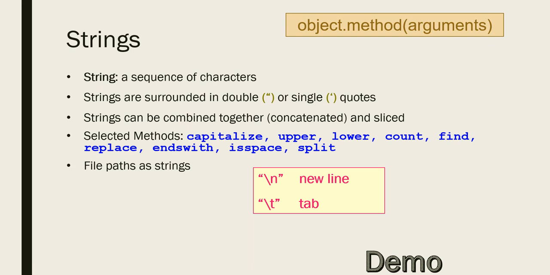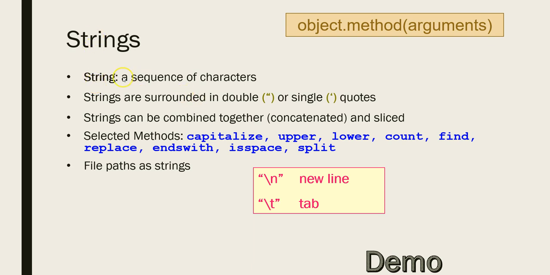So numbers is one data type, strings is another. A string is a sequence of characters, right? So what it means, a sequence, is that you have characters in a specific order. String is actually an object.